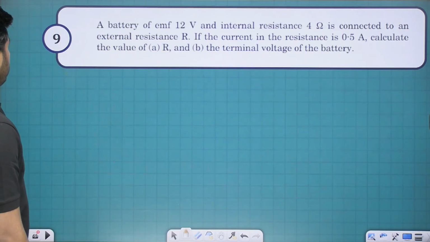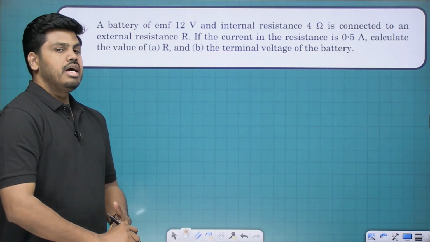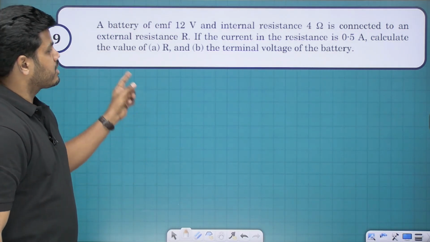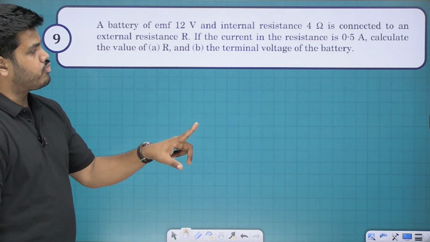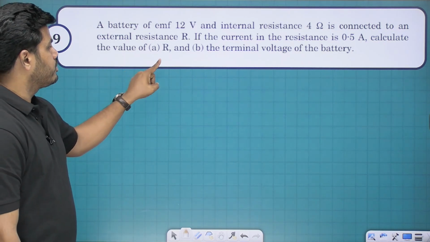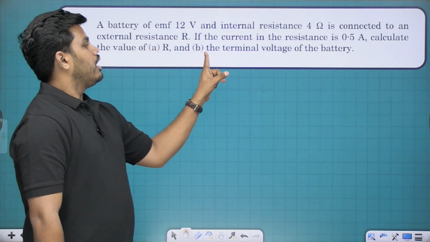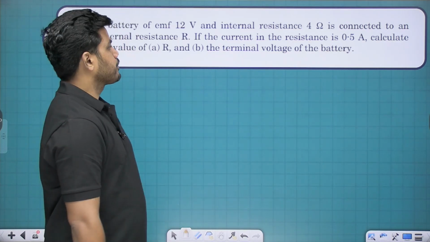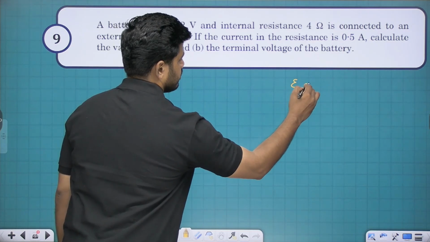Question number 9. A battery of EMF 12 volt and internal resistance 4 ohm is connected to an external resistance capital R. If the current in the resistance is 0.5 ampere, calculate the value of external resistance R and the terminal voltage of the battery. Let us pick the values given first.